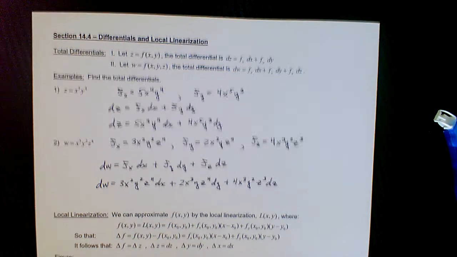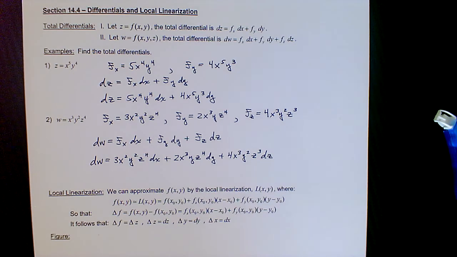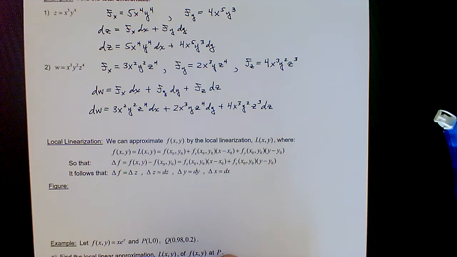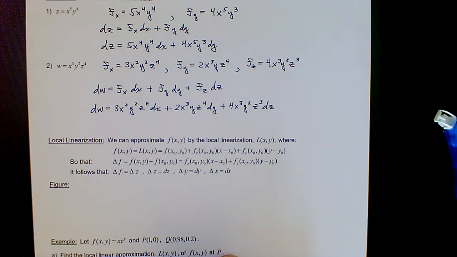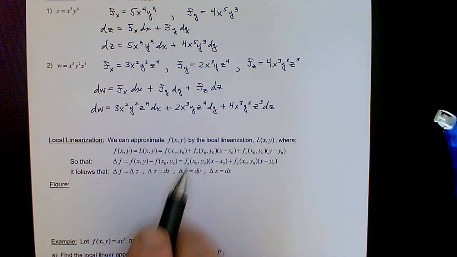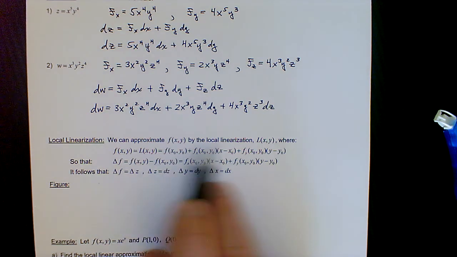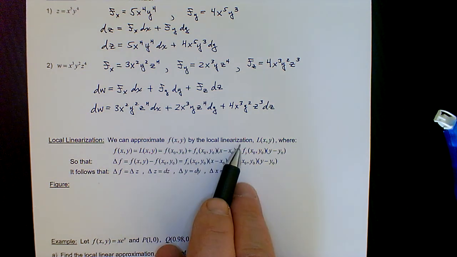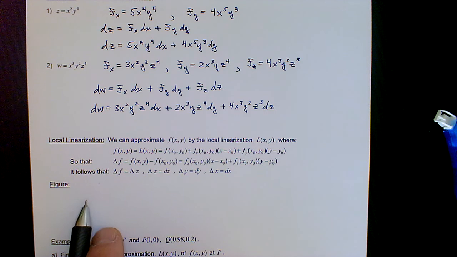Okay, so finding the total differential is pretty straightforward, and we'll move on to what we call local linearization. What we do is approximate the function by the local linearization, which we'll see an interpretation of in a figure in a moment.